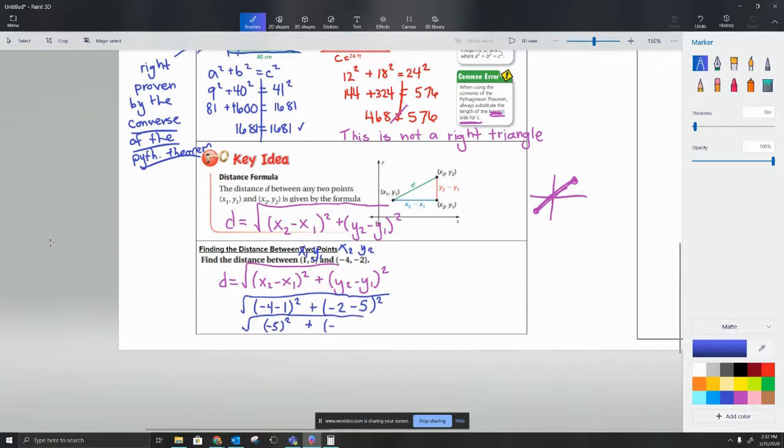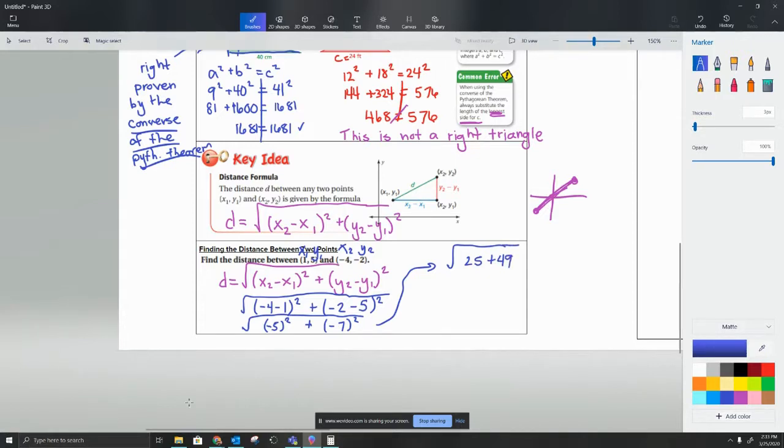plus -7 squared. So when we square these negative numbers, they're going to become positive, which I'll write right here. So -5 squared is -5 times -5, which is positive 25. And -7 times -7 is positive 49. So now I don't have any negatives left over.